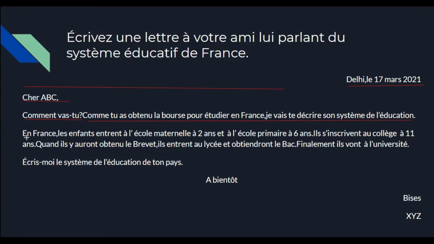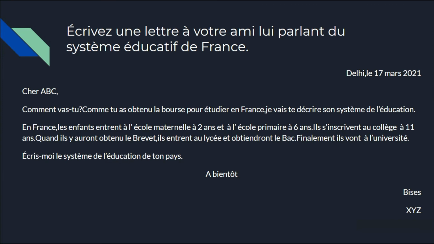Ils s'inscrivent au collège à 11 ans. So they register at the college at 11 years. So here, as a good technique, instead of just using the word entrer, we can use other verbs also, like here we have used s'inscrire, and we can also use aller, that is to go. So we can use some other words also just to make the letter more interesting and not monotonous.